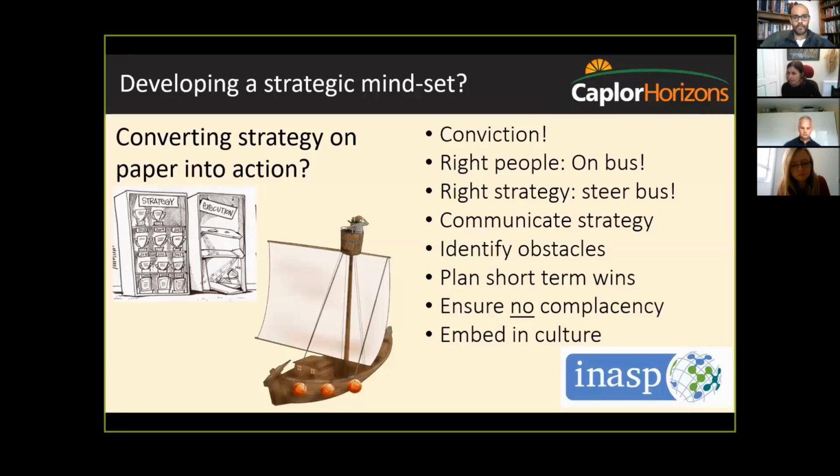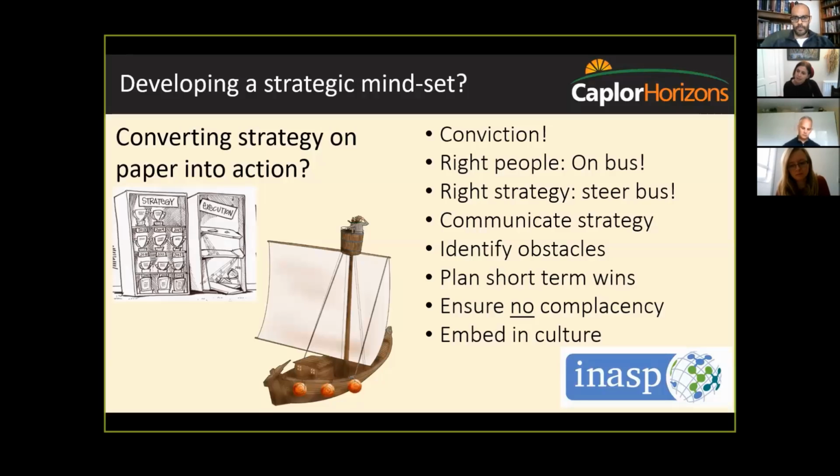And the other one is resources in terms of people's time. And again, it's about identifying what those obstacles are and then trying to be creative about how you overcome them. So just knowing what they are isn't quite enough. You have to also think about how you can do things differently to overcome them.